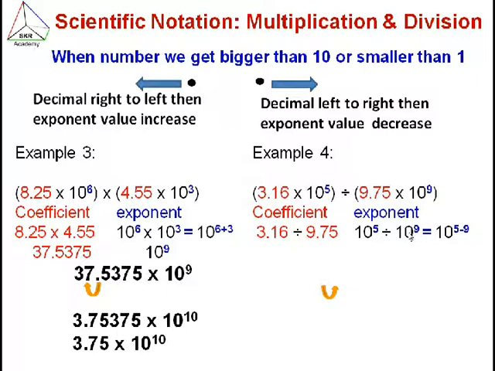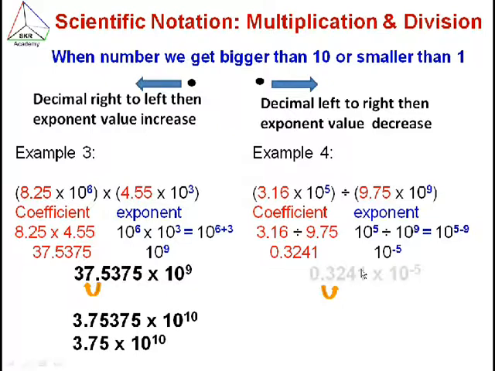As we have seen, in division we have to subtract these exponent values or powers. So 5 minus 9, and then the value will be 0.3241 times 10 raised to the power minus 5. We have to include this sign also, because 9 is bigger than 5.